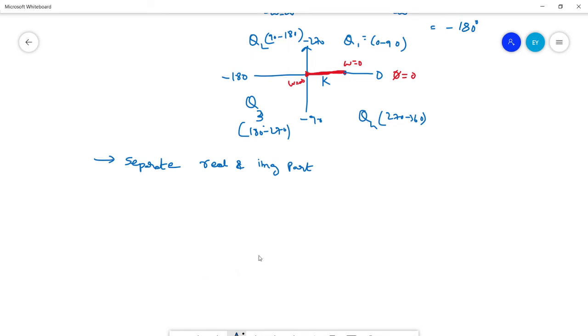If you want to separate real and imaginary parts, you need to multiply and divide by the conjugate of the denominator of the given transfer function. What is the given transfer function? G of j omega is equal to k by (1 plus j omega T1) into (1 plus j omega T2).